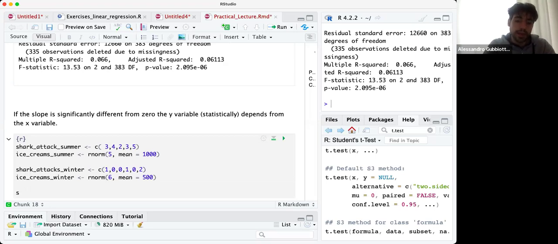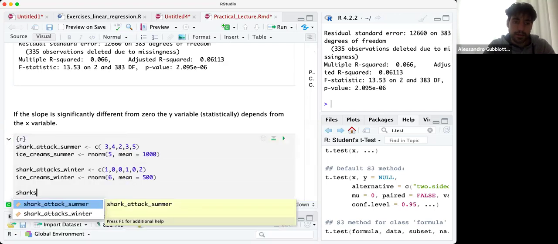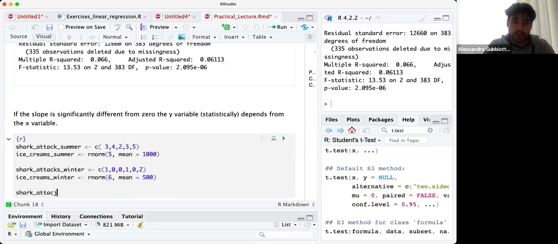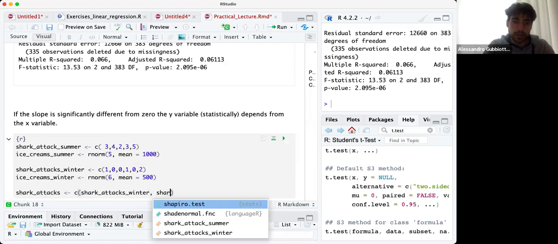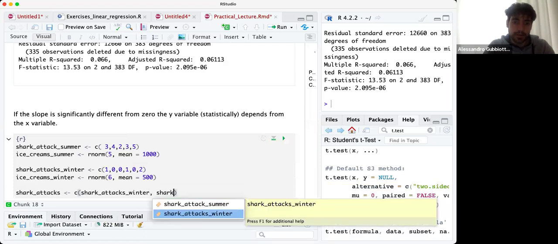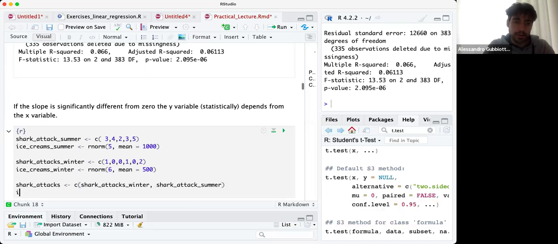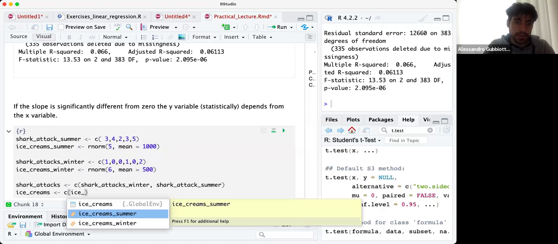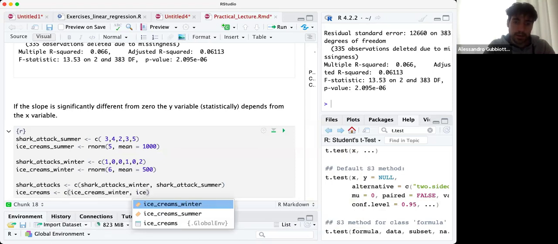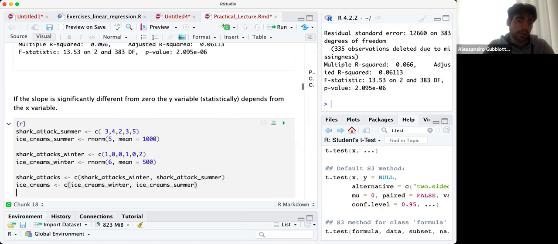So we can take the total number of shark attacks, collecting them together, concatenating shark attacks in winter and shark attacks in summer, and also concatenating the number of ice creams sold in winter and the ice creams sold in summer, and we can plot them.